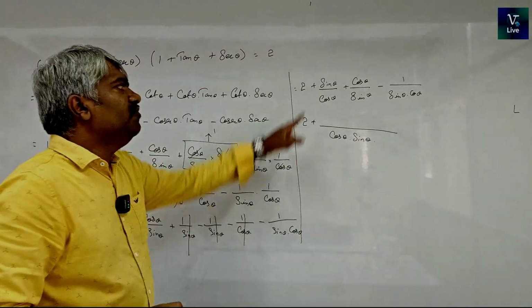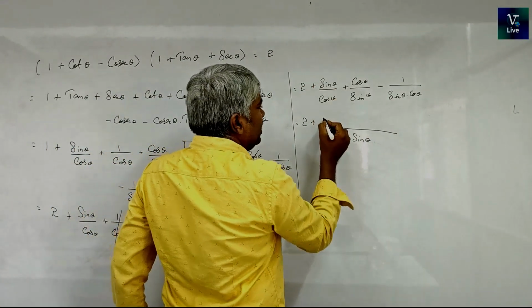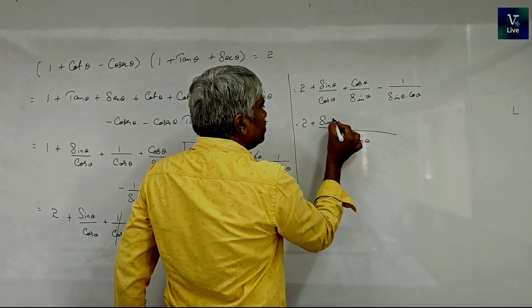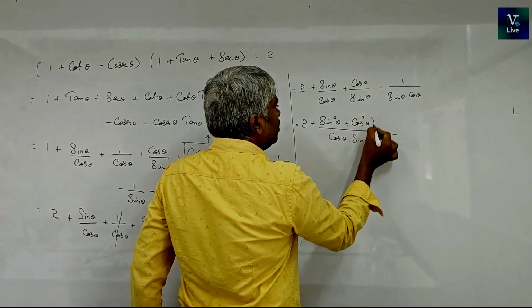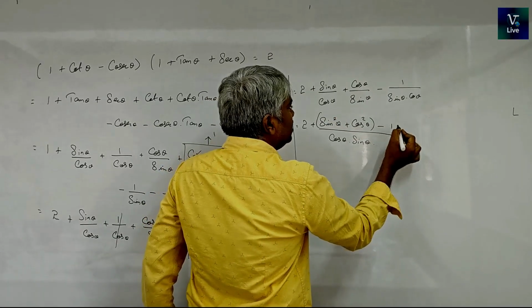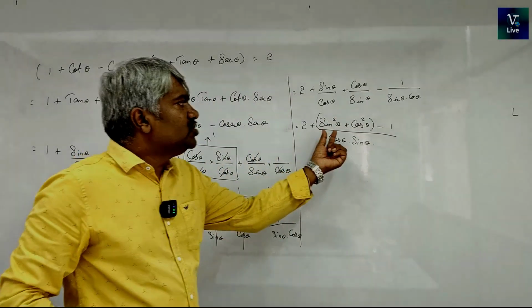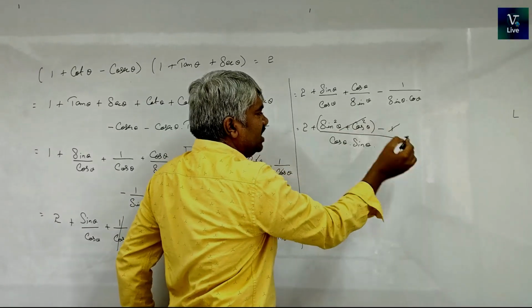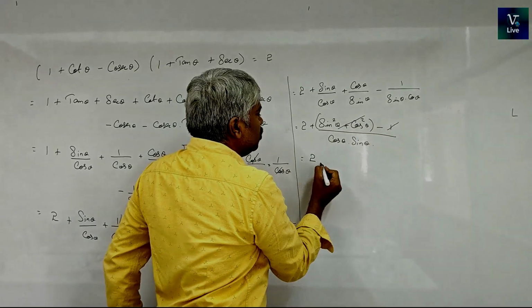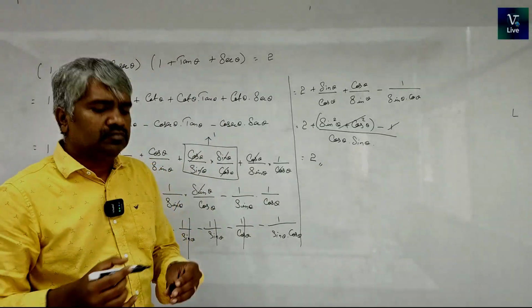If you take the LCM, sine theta by cos theta becomes sine square theta, and cos theta by sine theta becomes cos square theta, minus 1. So sine square plus cos square equals 1. So positive 1 minus 1 gets cancelled. So your answer is 2.